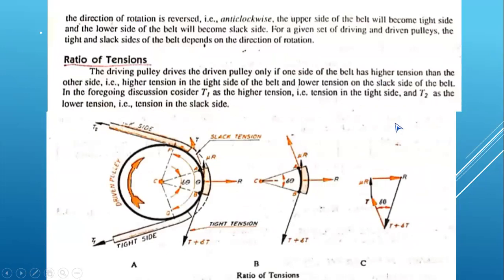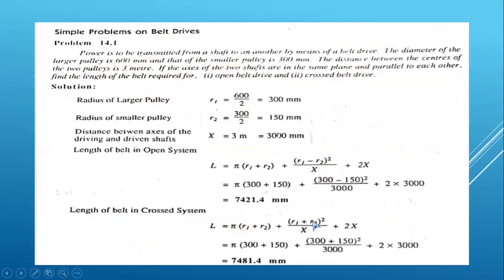All of you observe here: the arrow marks indicate the tension T on the slack side, tension T plus delta T on the tight side, and the resultant radial force R, which is multiplied by the coefficient of friction mu, giving mu into R.